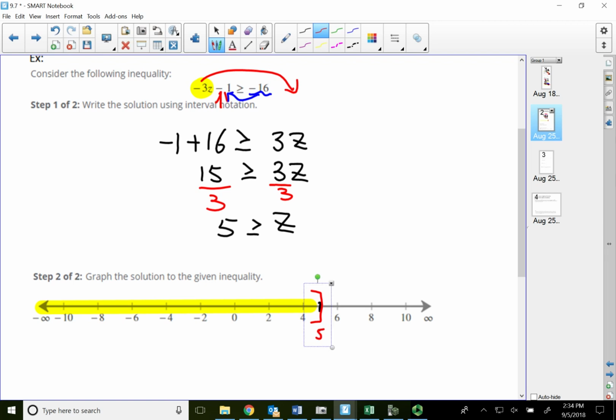Okay, that's a 5. All right, reading my graph from left to the right, my interval notation got to be from negative infinity all the way to 5 for answer. And 5 is using a bracket.